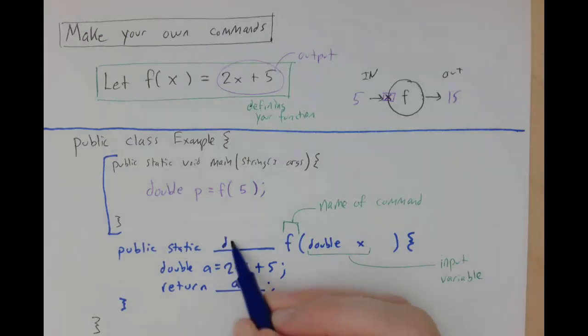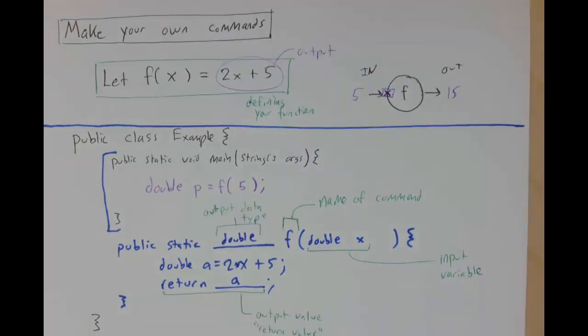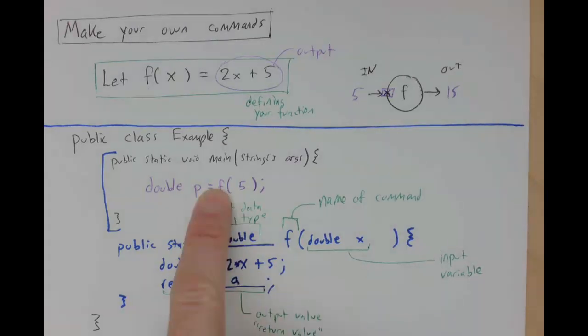So I'm going to put double right here as a way of saying the kind of value I'm going to give back is a number with decimals. So this is the output data type. This is also called the return type. This is the output value, and it's usually called the return value because it's the value that this command is going to return as its output. And where it returns it to is back up here.